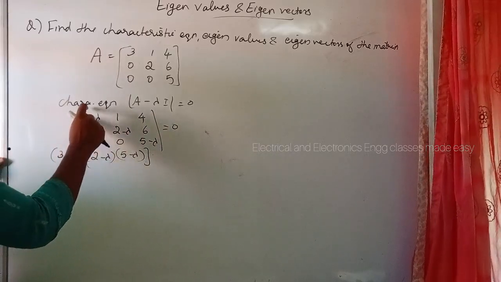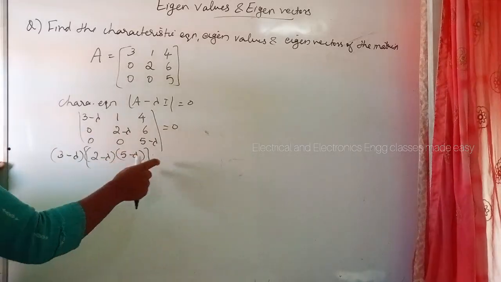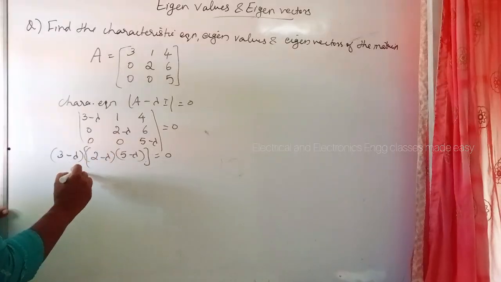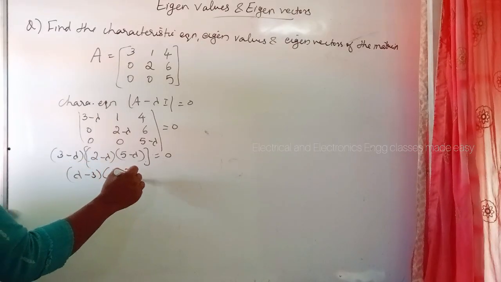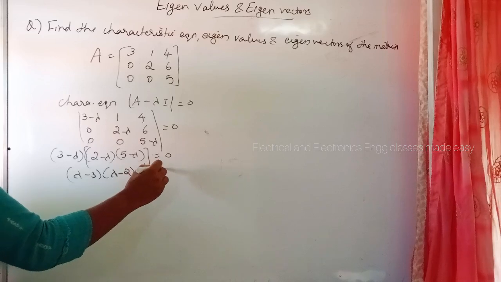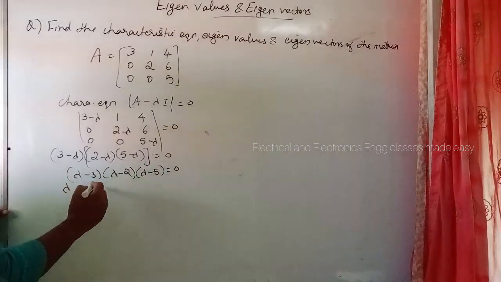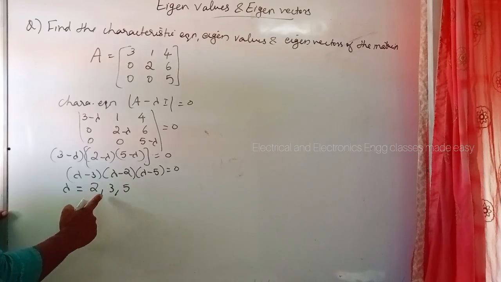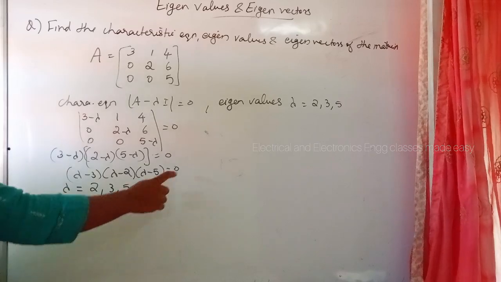So we will get the one element, which is equal to 0 here. Now we can write this as lambda minus 3 into lambda minus 2 into lambda minus 5 equal to 0. That is lambda is equal to 2, 3, 5. So the eigenvalues are 2, 3, 5.